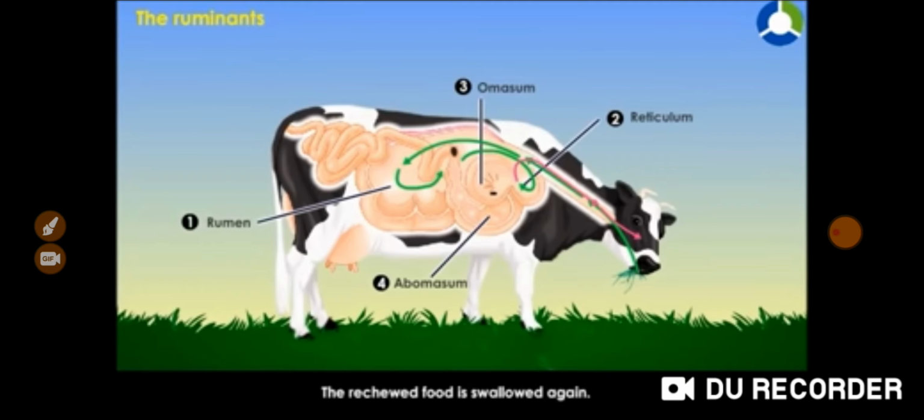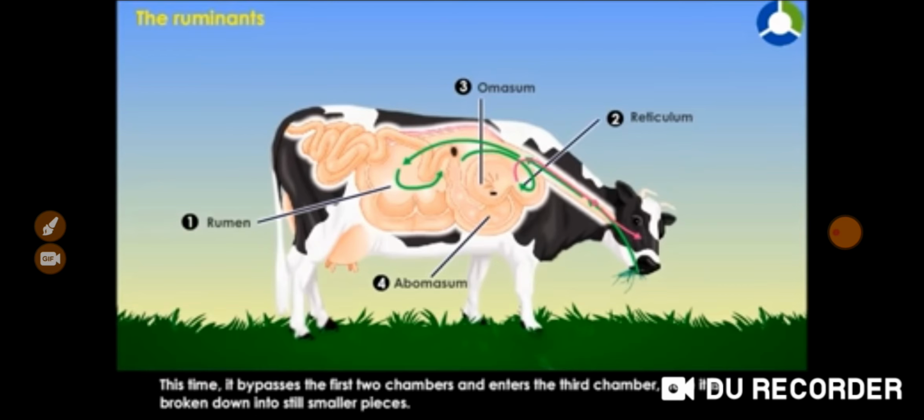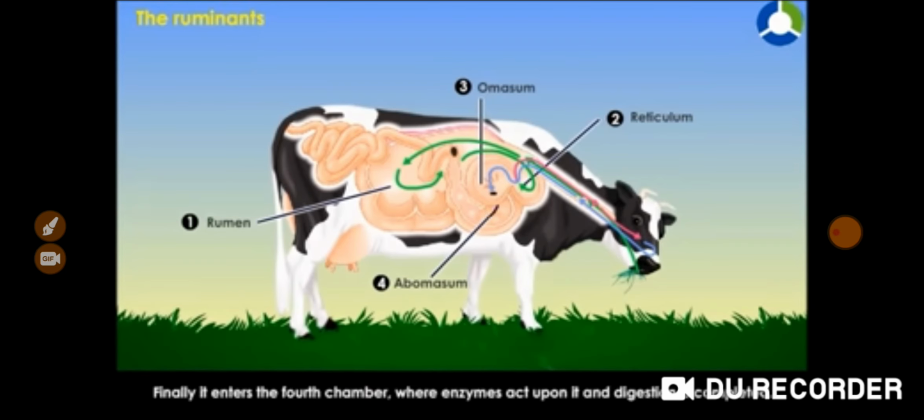The rechewed food is swallowed again. This time, it bypasses the first two chambers and enters the third chamber. Here, it is broken down into still smaller pieces. Finally, it enters the fourth chamber where enzymes act upon it and digestion is completed.